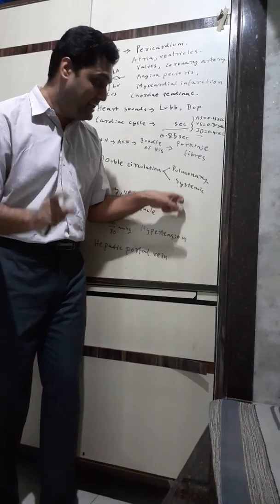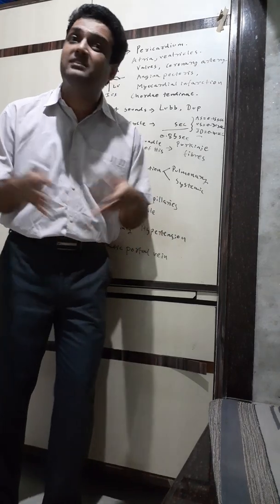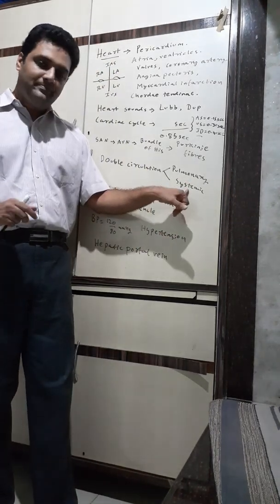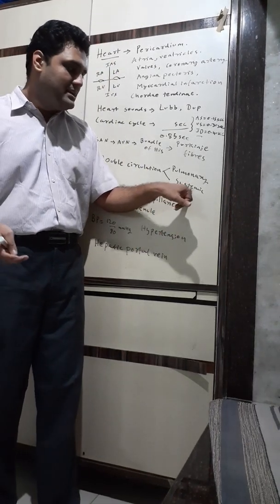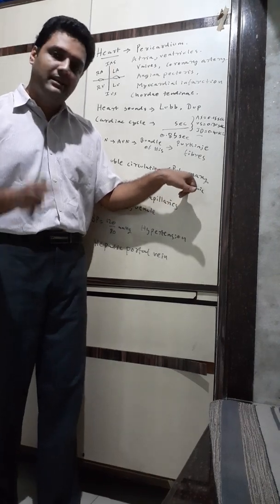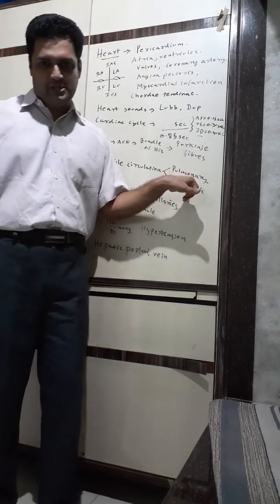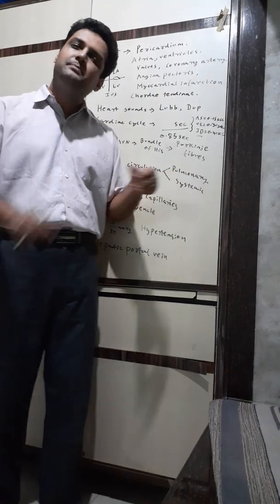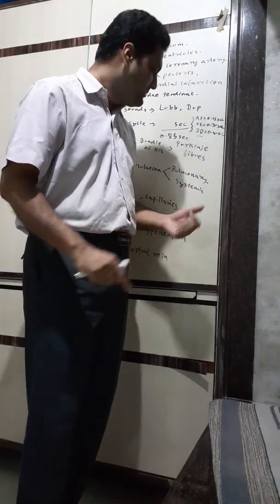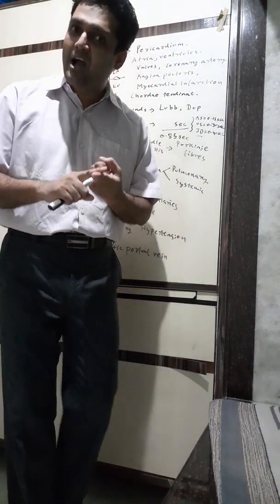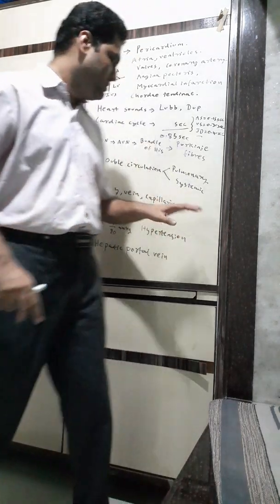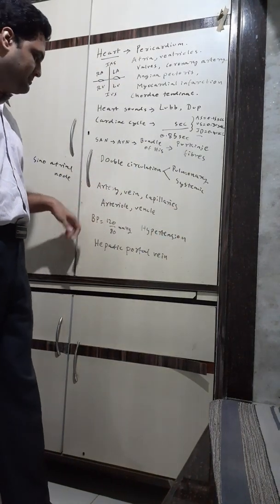That is called systemic. Children, don't write systematic. It is systemic because it is going to the other systems. So heart and other parts of the body, systemic circulation. Heart and lungs, between them, pulmonary circulation. Pulmonary circulation has pulmonary artery and pulmonary vein. Systemic circulation has the vena cava and the aorta. So that's double circulation.